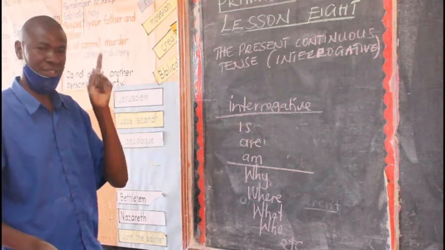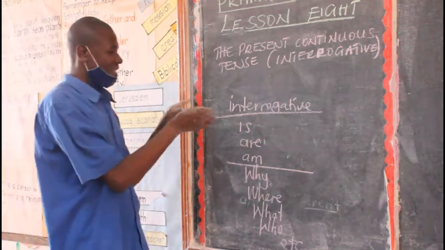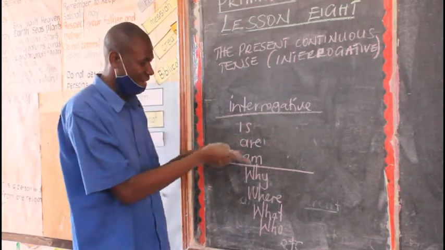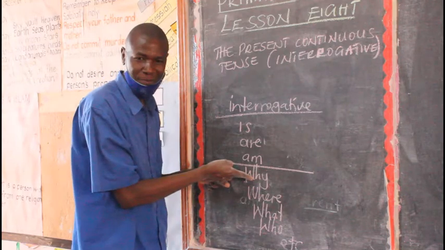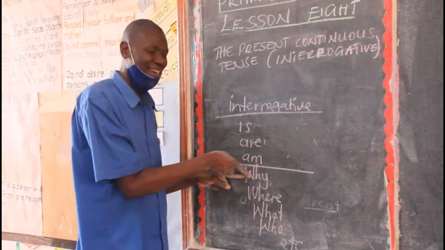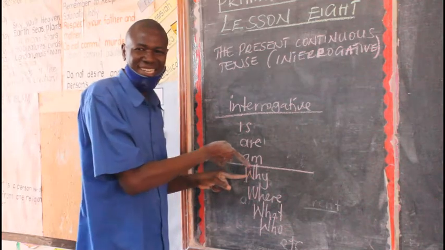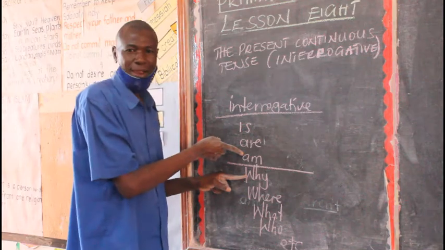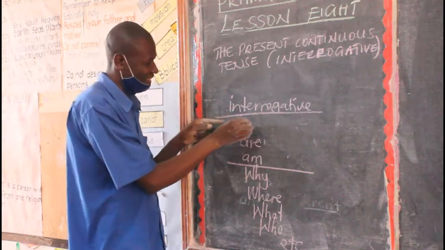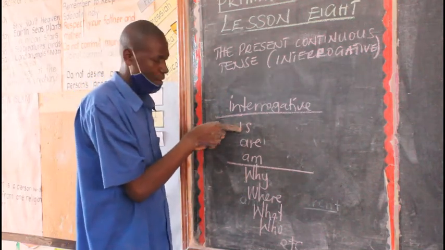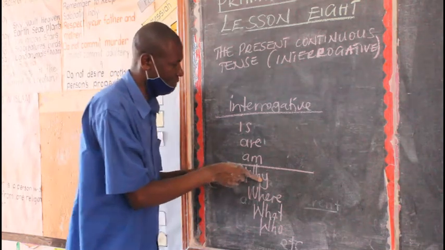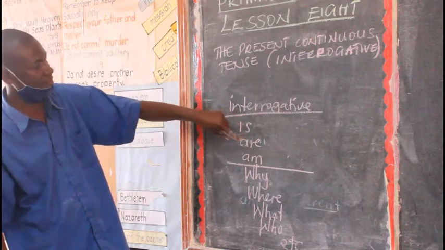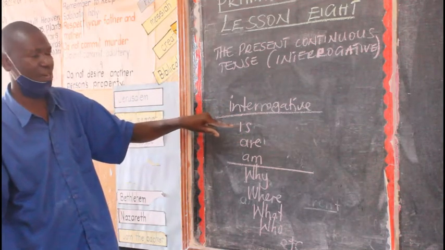Now the rule is that in a sentence that carries both a helping verb and an interrogative pronoun, you're supposed to begin with an interrogative pronoun, then it is followed by a helping verb. But if in that sentence there is no interrogative pronoun, it has only a helping verb, that means it is the helping verb that is going to begin the sentence.